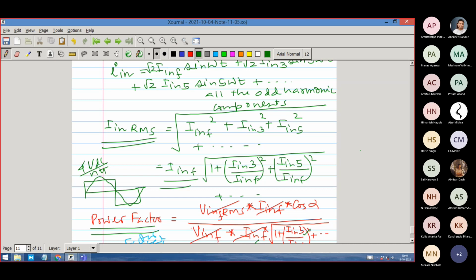Thyristor converter can only regulate the output voltage, VDC, of a rectifier. That means it can only produce the voltage that you require at the load, but it cannot shape the input current. That is its limitation.